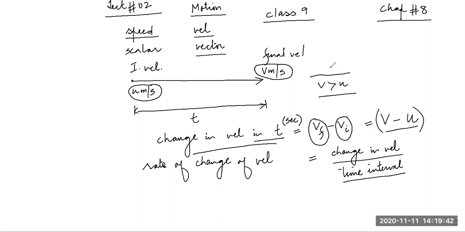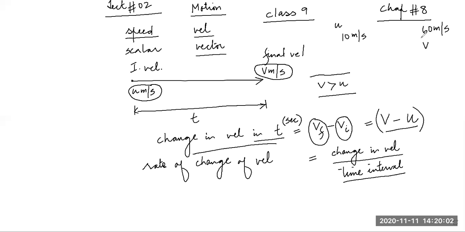For example, let us say you are moving on a scooter or Activa. Your initial velocity u is 10 meter per second. Then you give more speed. Now you want to reach v as, let's say, 60 meter per second.